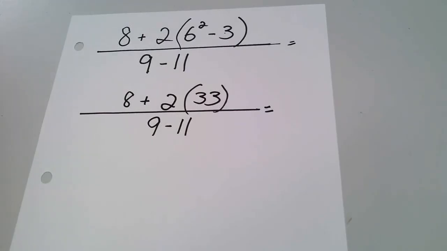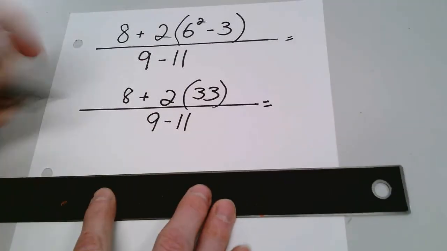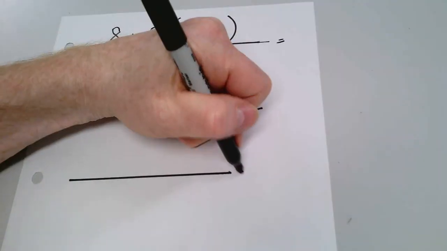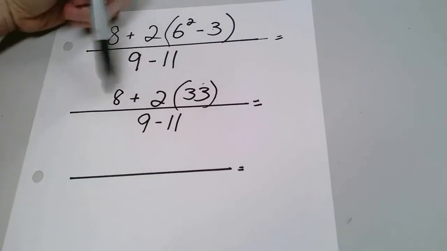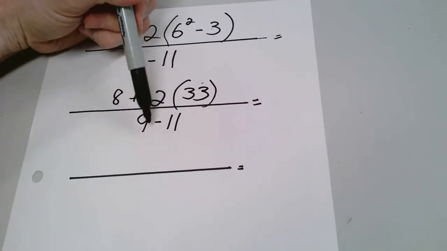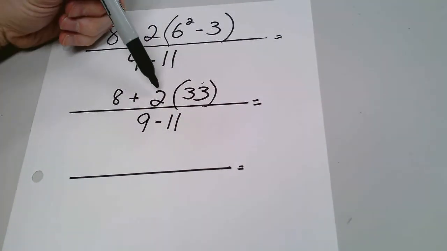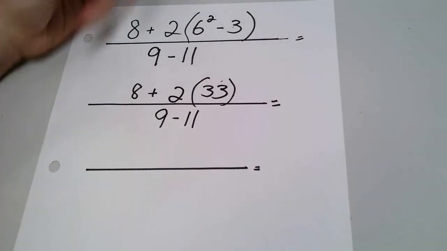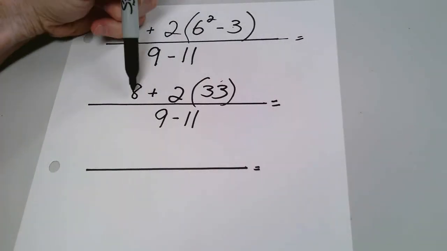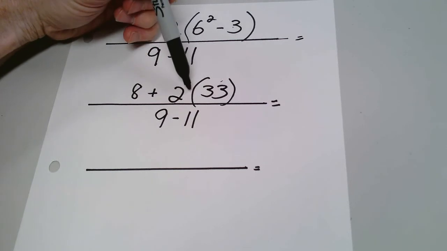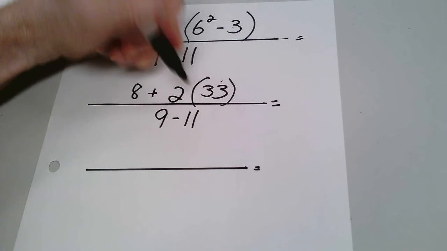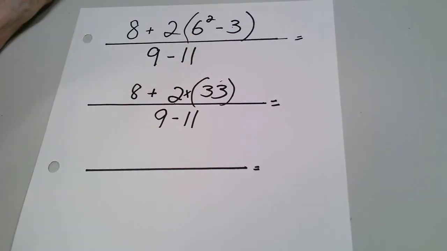Okay, next up. We're going to figure out everything that's on the top and everything that's on the bottom, and then we're going to go top divided by the bottom. So, on the top, we have a plus, and there's nothing in between the 2 and the bracket here with the 33, so we know it's times.